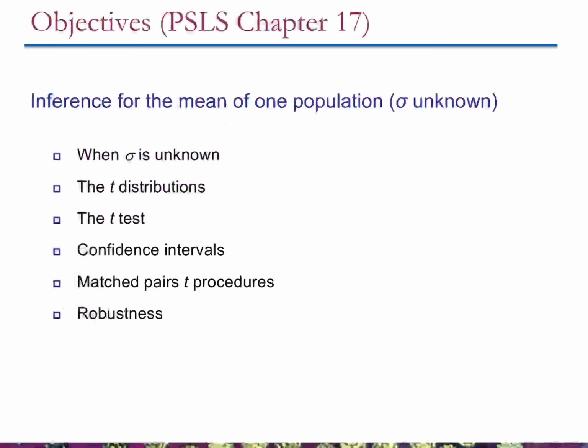Okay, so basically in this chapter, we're going to be dealing with what's called the t-test. The t-test is the statistical inference test that we use when we don't know what the population standard deviation is, when we don't know what sigma is.